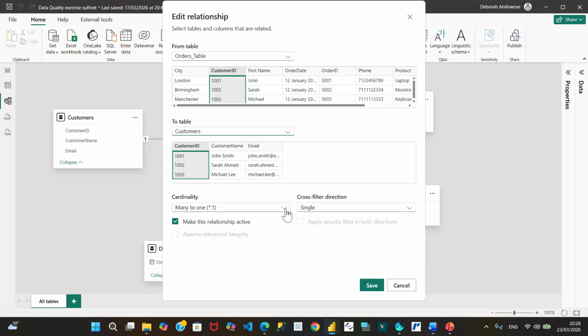Some other times you would have one-to-one. That is, the customer ID is only appearing just once all through here, and same goes for here. That's what Power BI found. That's not your most ideal situation, especially if you are forming this kind of star schema that we formed, but it is possible for it to happen.